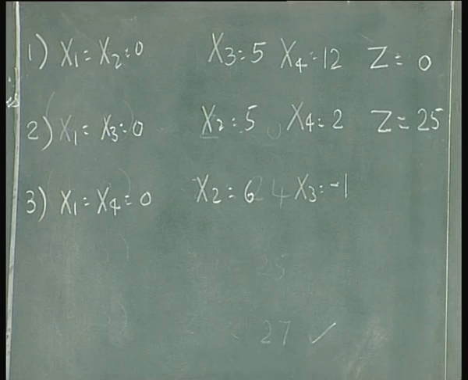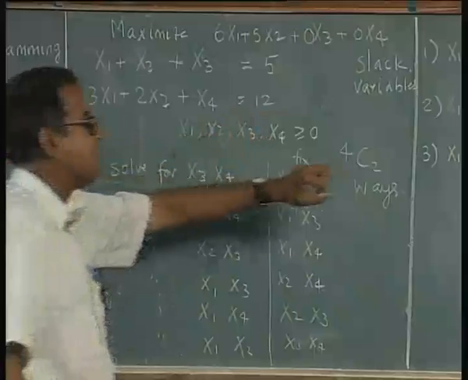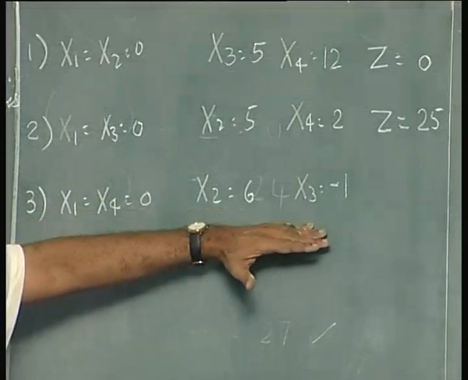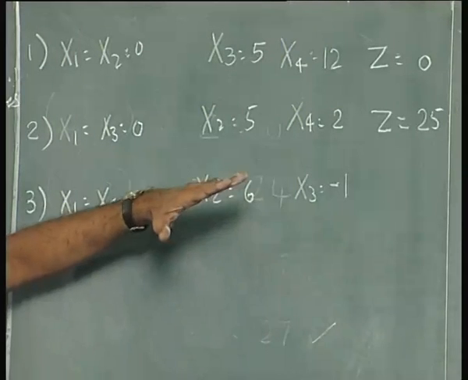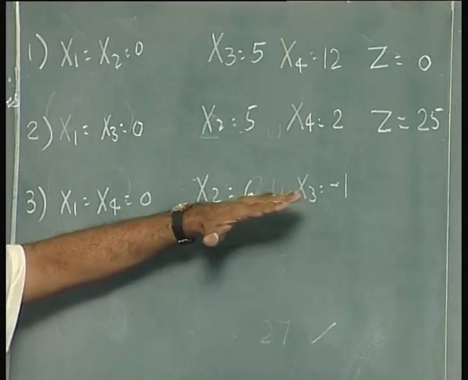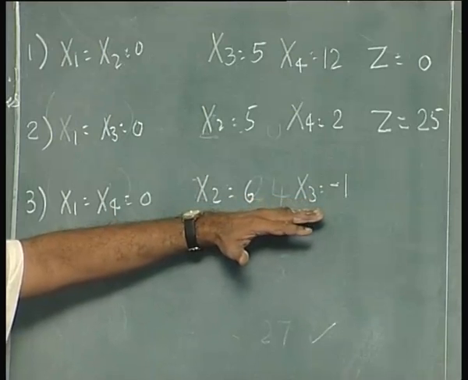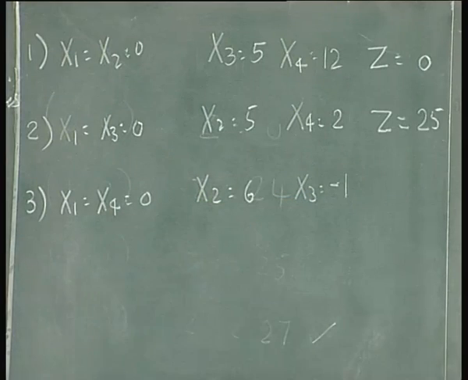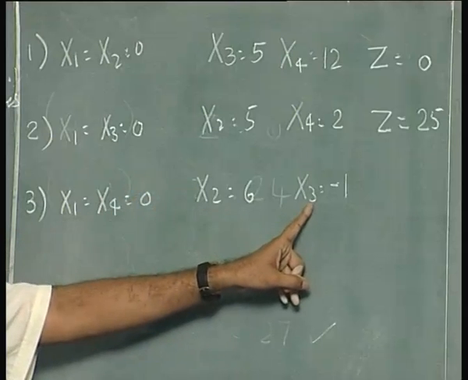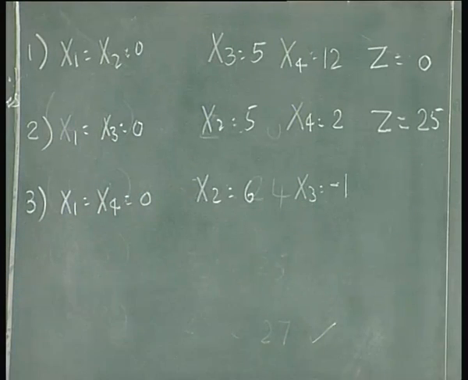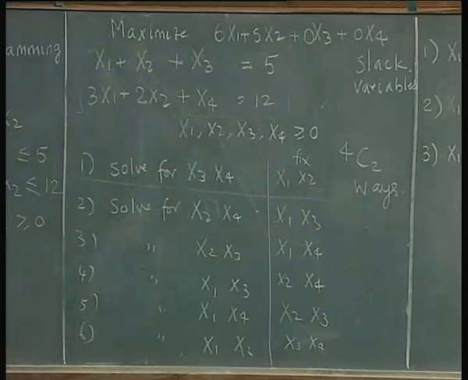I do not evaluate the value of z here because I do not have a feasible solution here. It does not make sense for me to spend the extra effort to evaluate the objective function for this solution, because I am interested only in feasible solutions. This is not feasible. The value that the variable x3 takes, minus 1, violates this condition. So, this solution is not feasible.